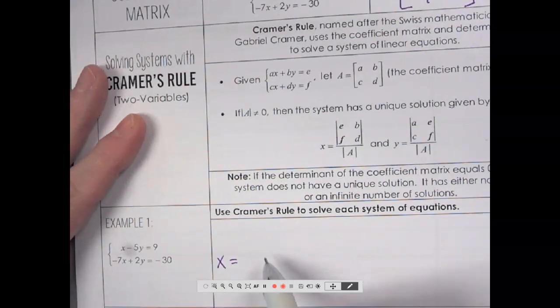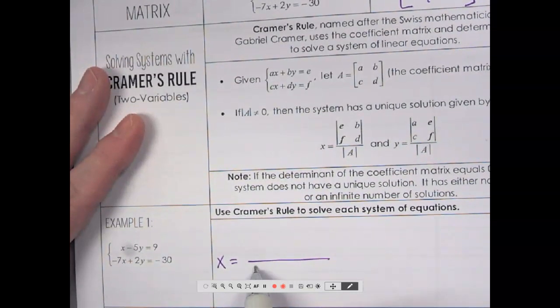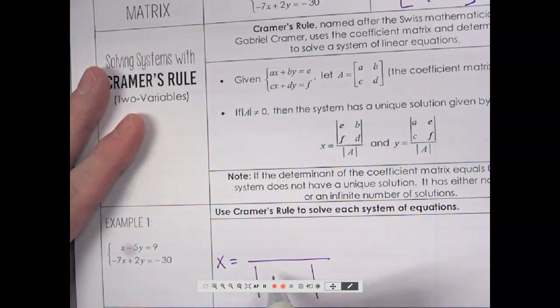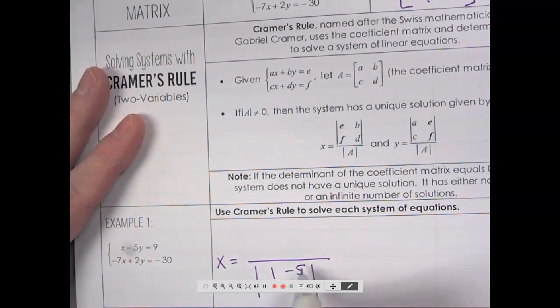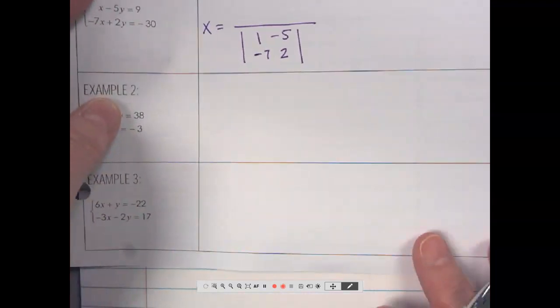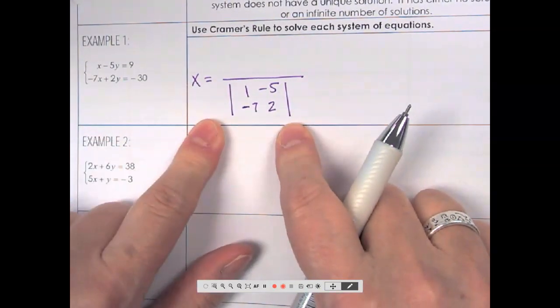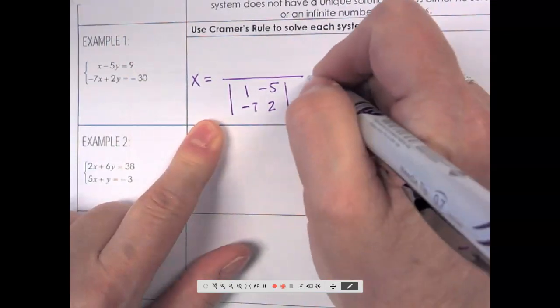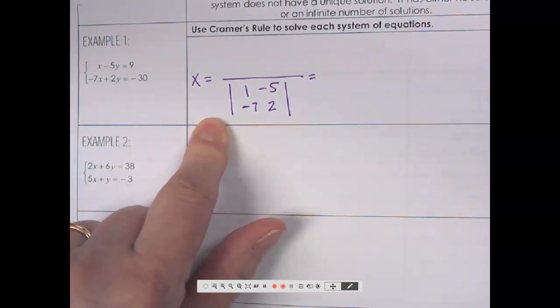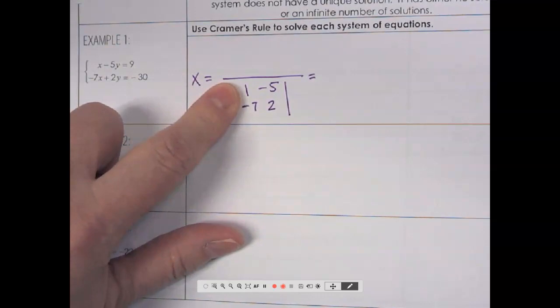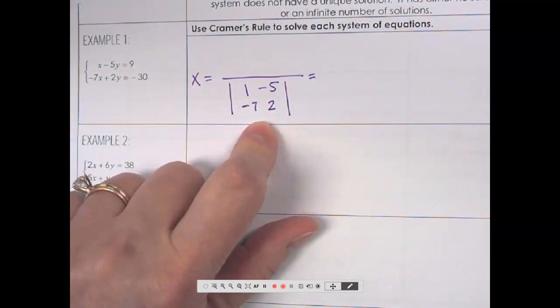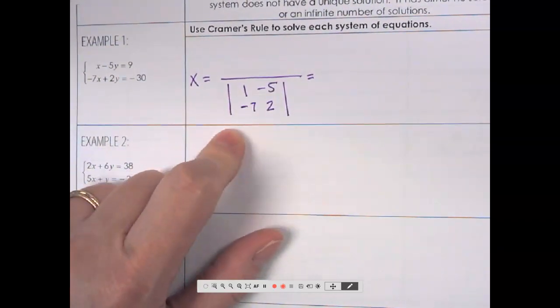I'm going to say x equals, and I'm going to set up a fraction, and on the bottom I'm going to make this determinant 1, -5, -7, 2. I'll come back to the numerator in just a minute, but in the denominator it's just the x and y coefficients. How do we evaluate that? We did that yesterday. Start upper left, multiply across, and subtract the other product.